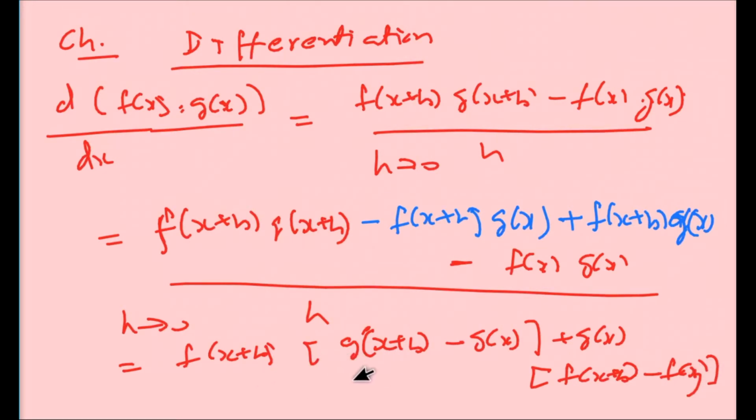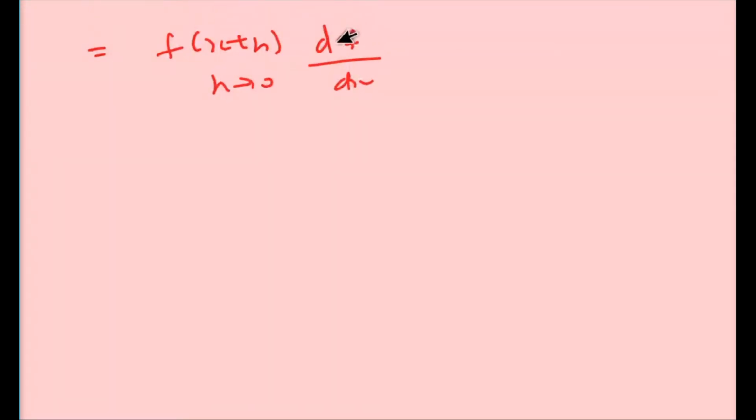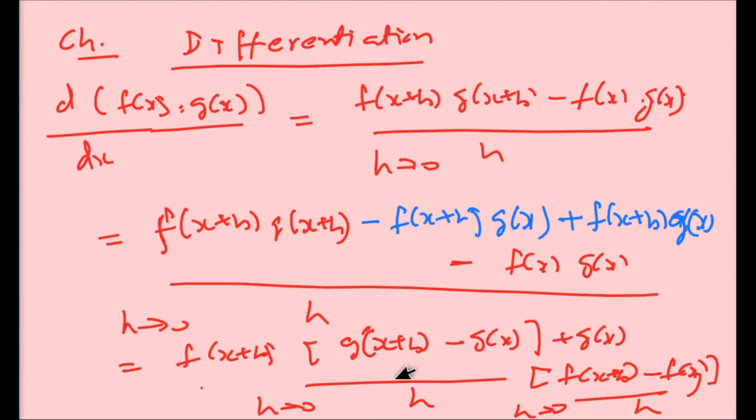Now dividing by h here also and here also, taking the limit. Now what do we get here? f(x+h) as h tends to 0, and the differential of g(x), plus g(x) and the differential of f(x). You can check here, this one is the differential by first principle of g(x) and this one is the differential of f(x).